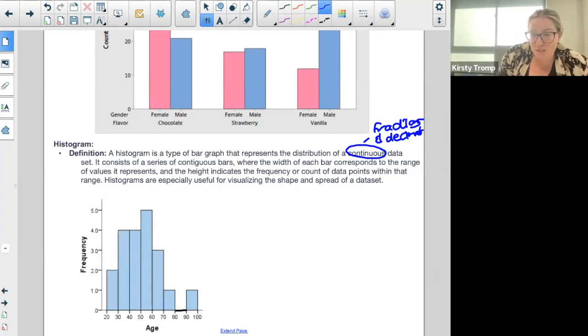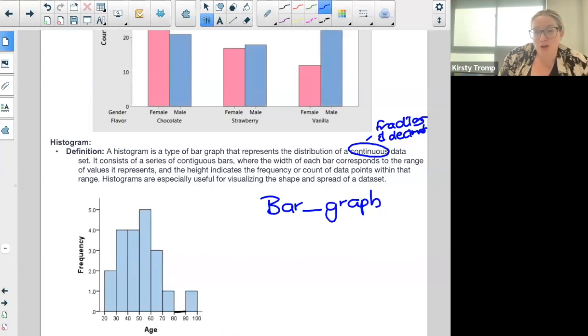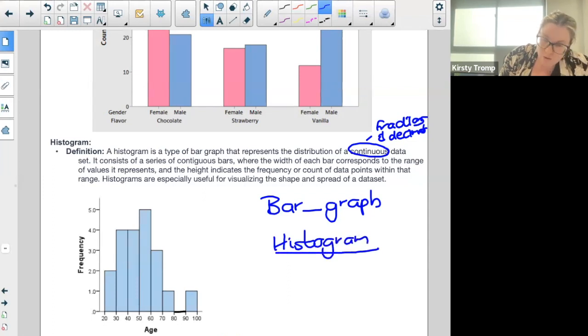So often students say to me, ma'am, how are we supposed to know the difference between what a bar graph is and what a histogram is? How are we supposed to know what's the difference between a bar graph and a histogram? And guys, the easiest way that I can tell you is that bar graph is two separate words. So bar graph is two separate words, and look there, it's got a space in between the words. But the word histogram is one word, so there's no gaps in between it.